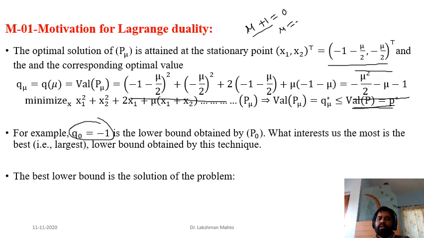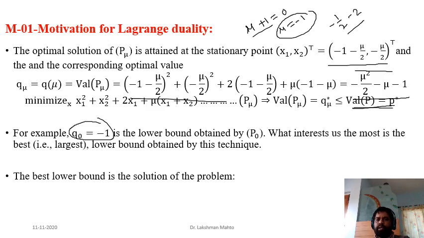You are getting the value of mu. Substitute this mu equal to -1 back in this objective function. What would be the answer? If you put mu equal to -1, it becomes +1.